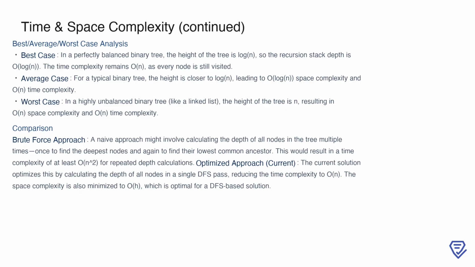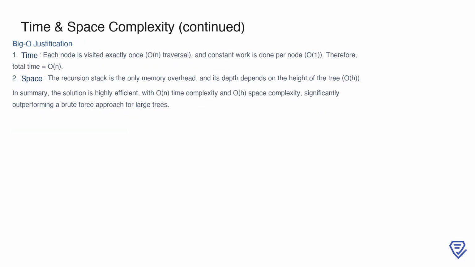Compared to a brute force approach, which might involve repeatedly calculating node depths and performing multiple passes with a time complexity of O(n squared), this optimized approach calculates all depths in a single DFS pass. This reduces the time complexity to O(n), while maintaining the minimal space complexity of O(h). The big O justification for this solution highlights its efficiency.